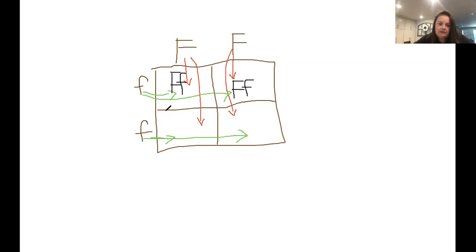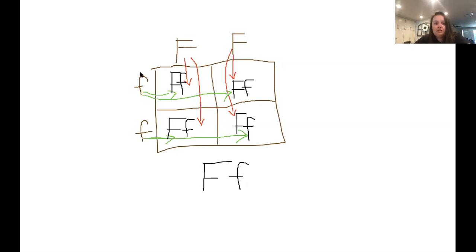Drag this F down, and then we drag the one over here to the right, so you get a capital F lowercase f. So all of our offspring's possible genetic combinations would be capital F, lowercase f. And if we're talking about a percentage, that's 100% of the offspring will be capital F, lowercase f, which when we did the very first mouse genetics, the black with the white, this is exactly what we saw.